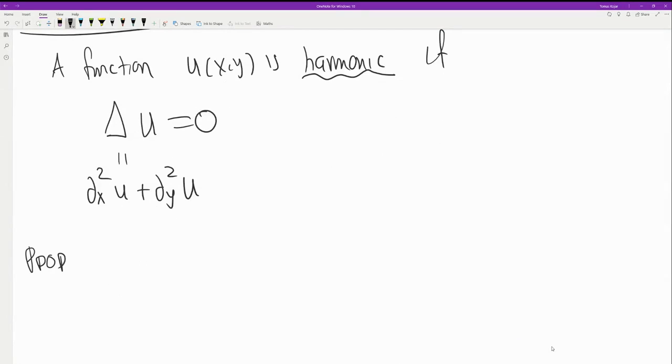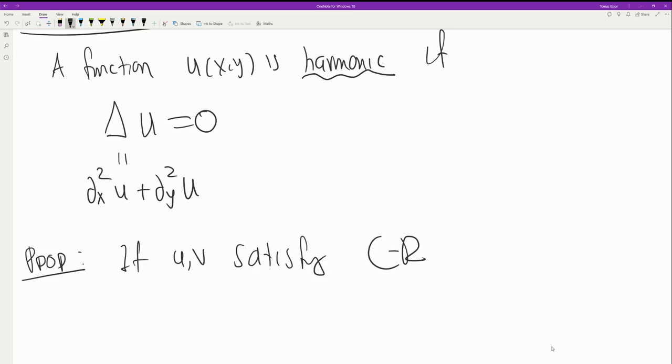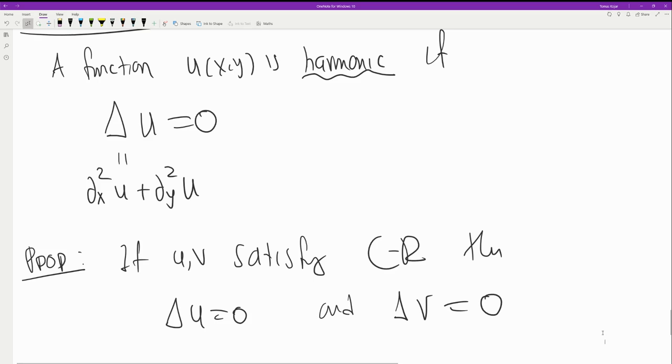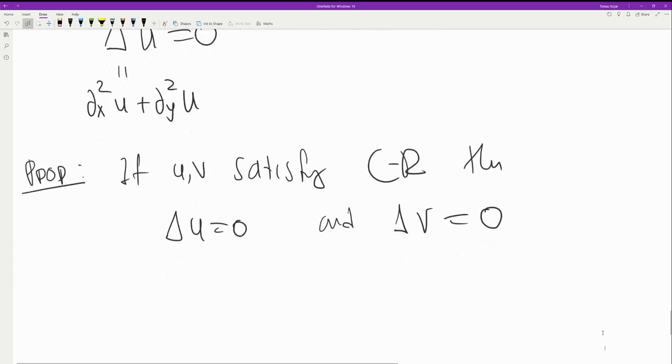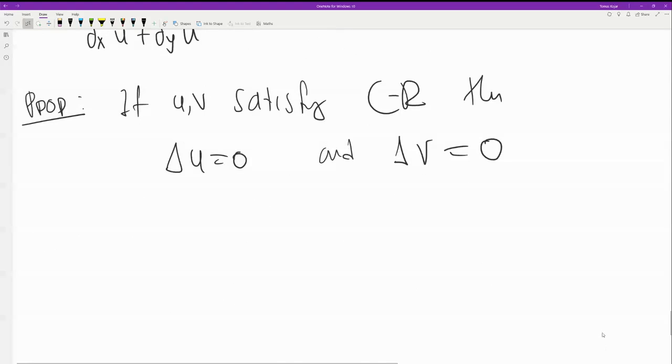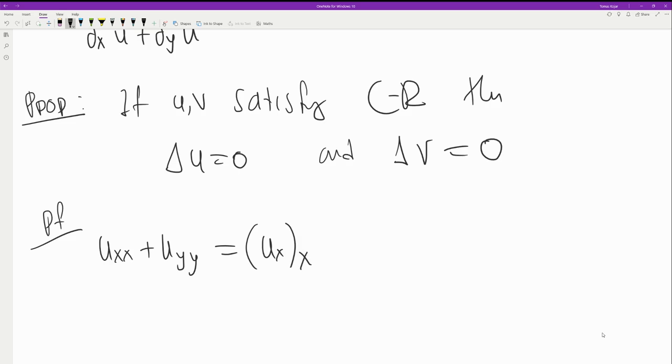Quick proposition, if u, v satisfy Cauchy Riemann, then delta u is 0 and delta v is also 0. So why is that? Let's see. u double x, u double y. Well, what is that? u of x and u of y. Let's use Cauchy Riemann.